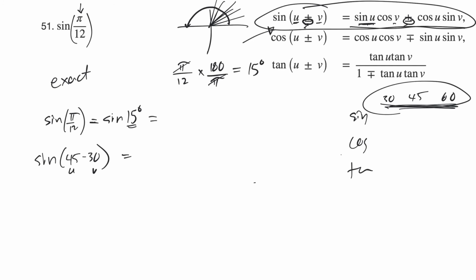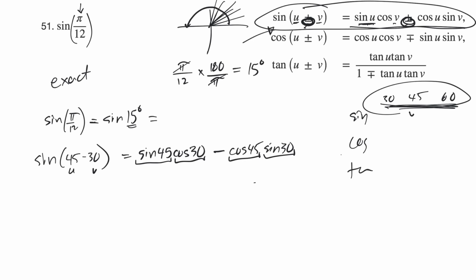So if I follow this identity, I can say, well, that's the same thing as sine 45 cos 30. And then again, since it's minus, I'm using the bottom sign there, minus cos u, so that's cos 45, and sine 30. And now all I do is from my chart figure out what each one of those things are, and I put it right down below.